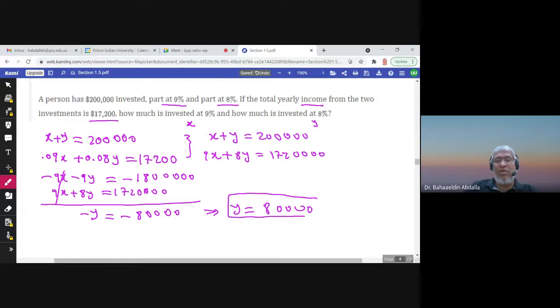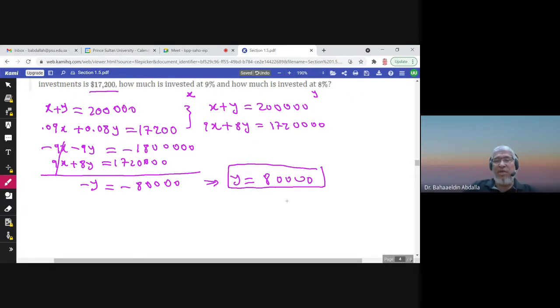So we know that the amount invested at 8% is 80,000, and to find x, which is the amount invested at 9%, we just use the first equation.